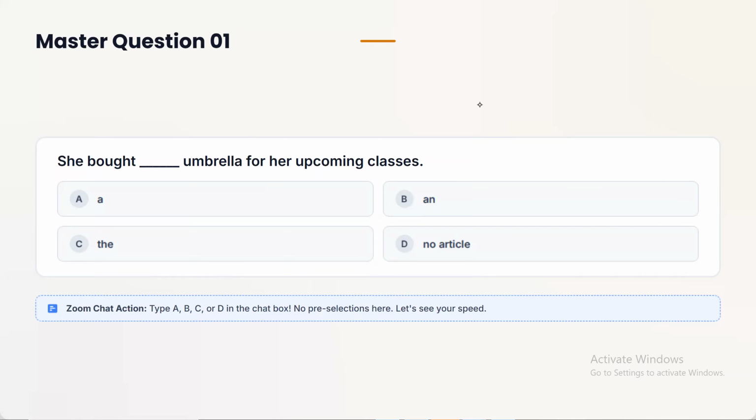Okay. So why is it an umbrella? Why not a umbrella? Umbrella starts with the short vowel sound, which is a vowel sound. So definitely you're going to use an. Umbrella is a countable noun, so that would take on an, not a.